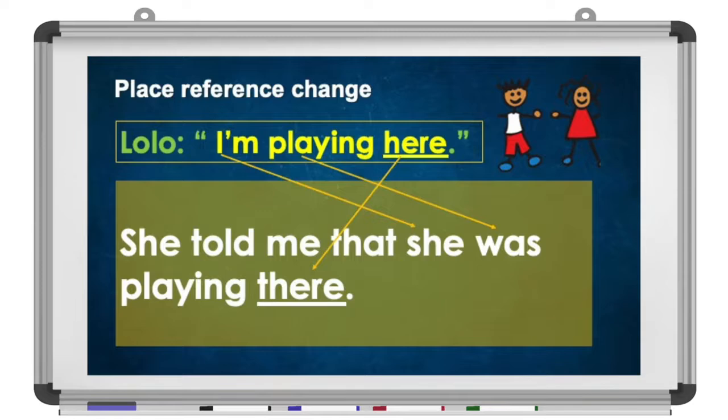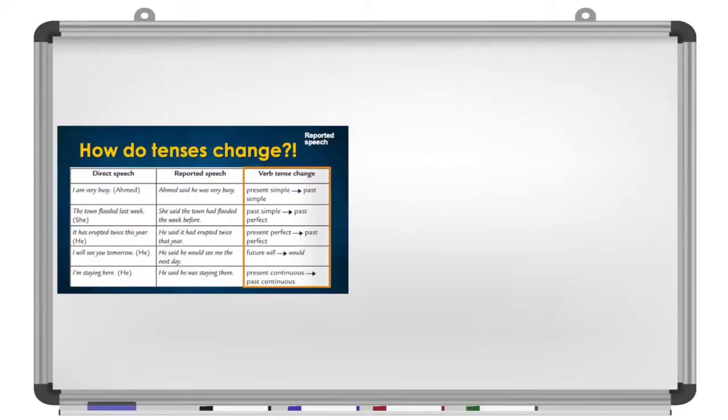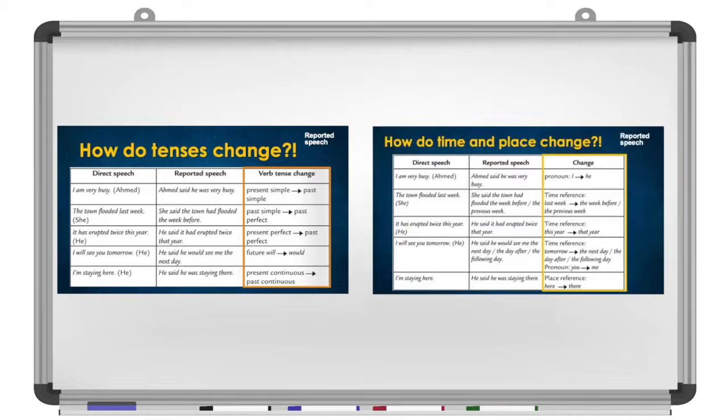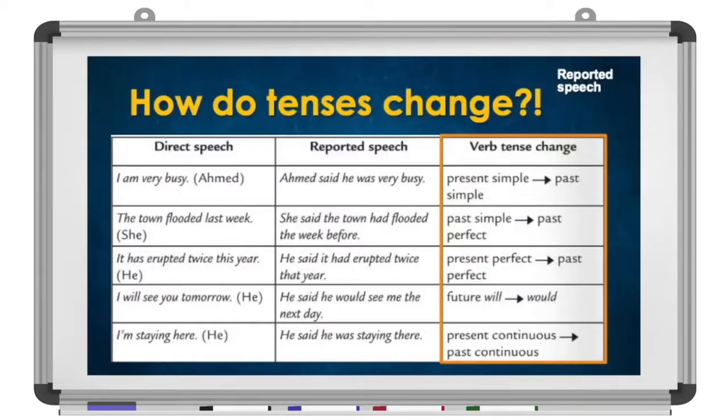Now you have a task. I want you to open your student's book, page 133 and 134. There are two tables. One table has the tense change and the other the place and time change. How do tenses change? Check the table with me. The present simple will take one step backward and becomes past simple.